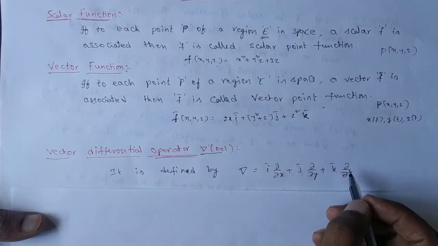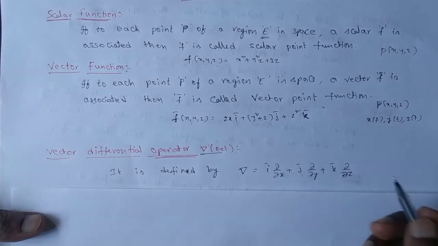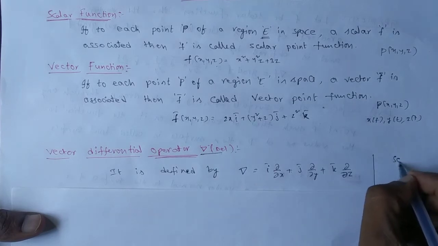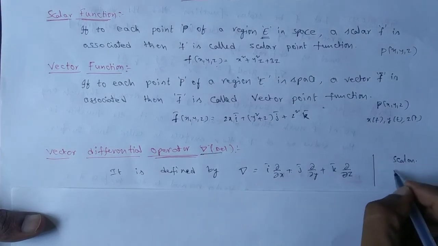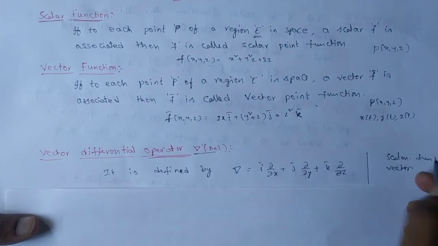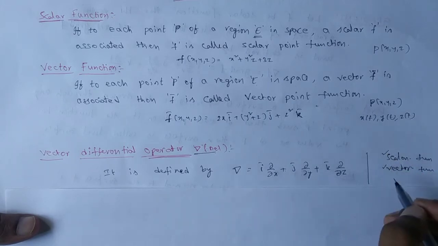It has no meaning unless you apply it onto either a scalar function or a vector function. So we have two functions so far. One is a scalar function, another one is a vector function. Now we have a chance to apply this operator onto either the scalar function or the vector function.